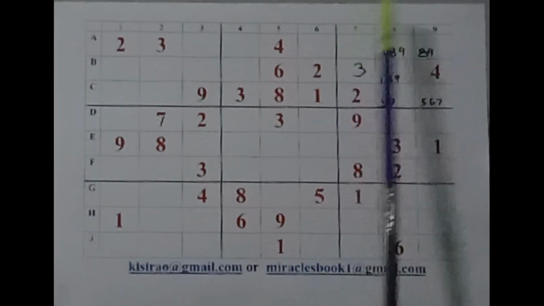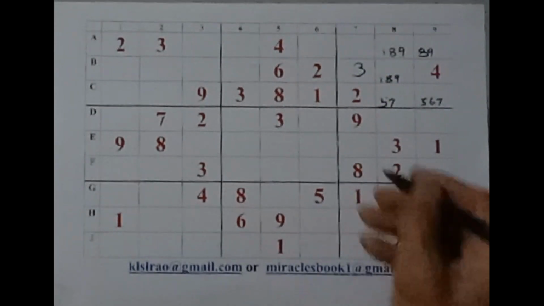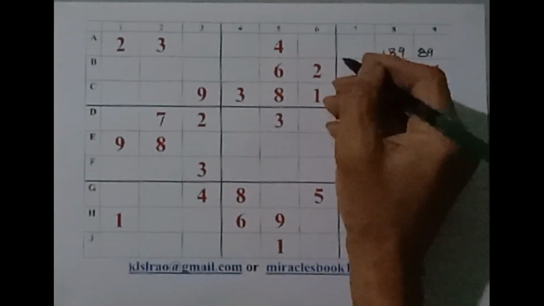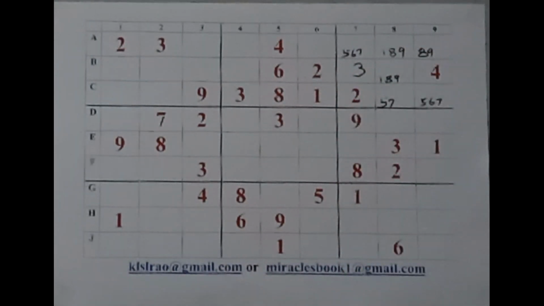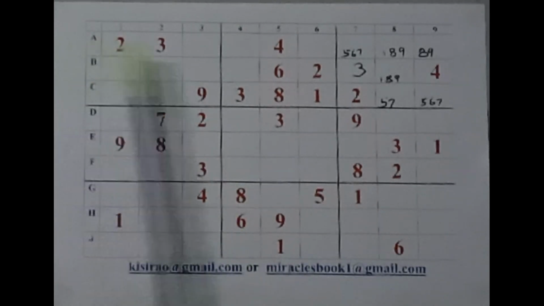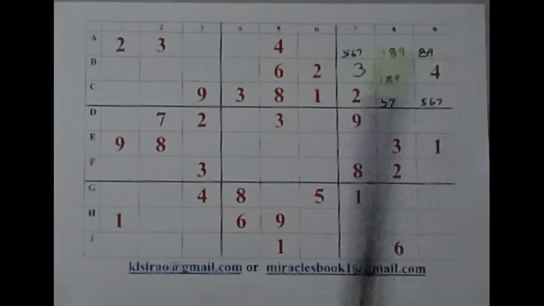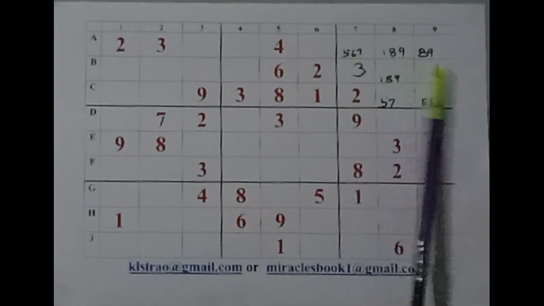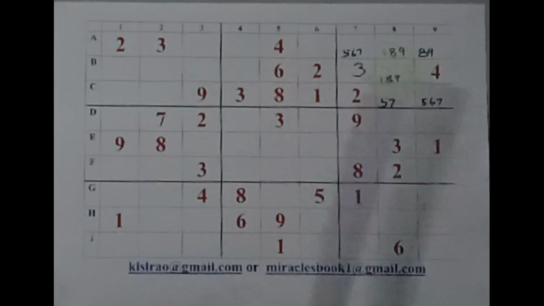Here also 3 numbers, 5, 6 and 7. Now let us leave this strip, because there are too many numbers to be placed in these 3 cells, nearly 5, 6 numbers here. Leave that strip now.